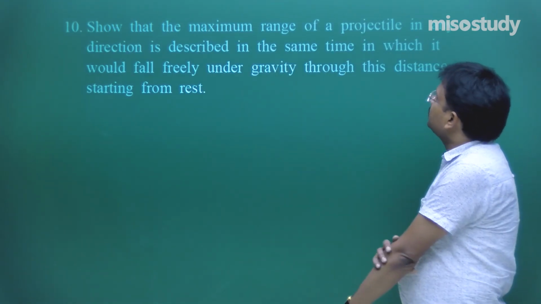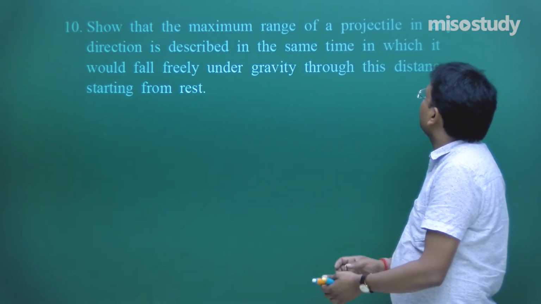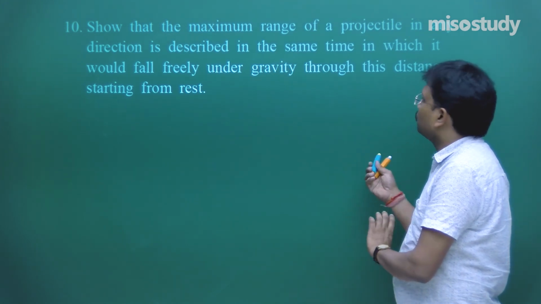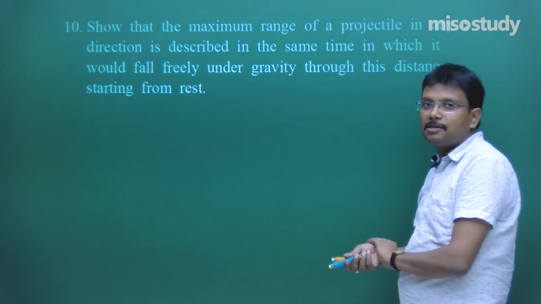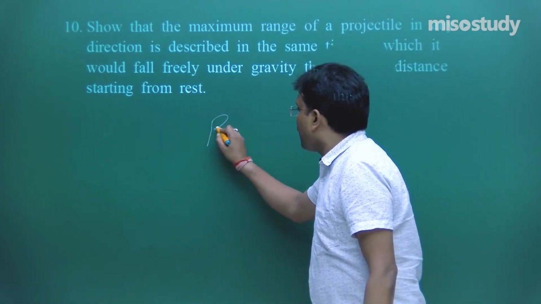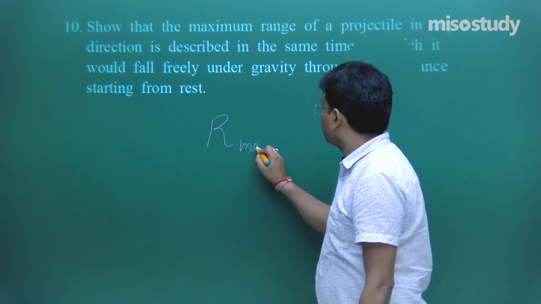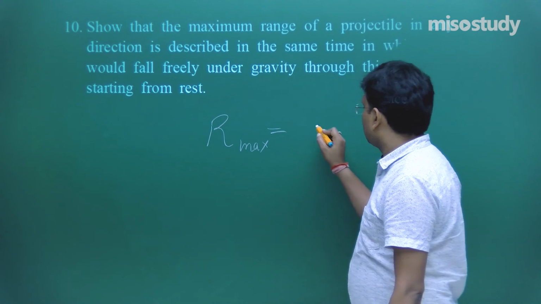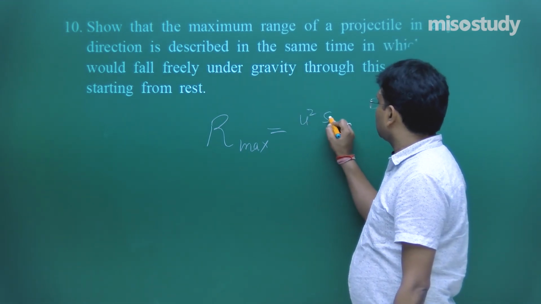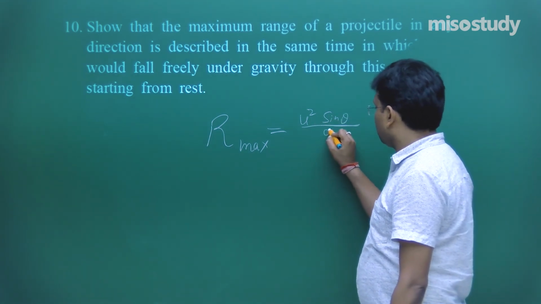Show that the maximum range of a projectile in any direction is described in the same time in which it would fall freely under gravity through this distance starting from rest. Fine. So this simple question is R max, find the maximum range. Yes, u square upon g.